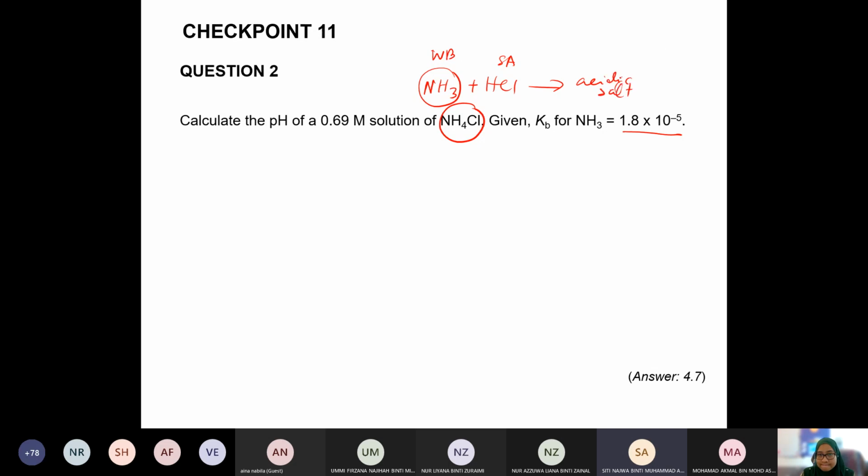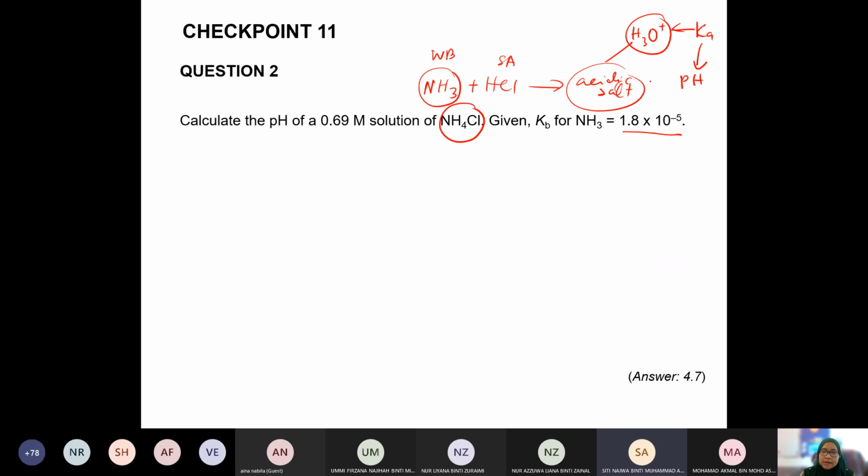Okay, so when you predict it should be an acidic salt, that means later during hydrolysis, you should be producing H3O+. And you will be needing the Ka, guys. You don't need the Kb. If you have Kb, you have to convert it into Ka. And then you can calculate the pH directly. You don't have to go for pOH.